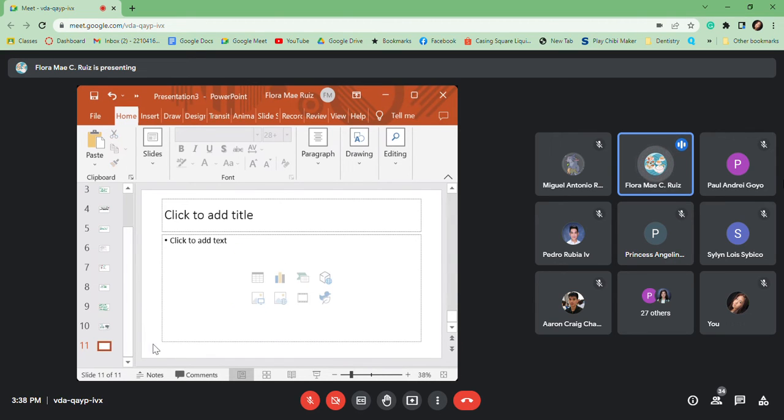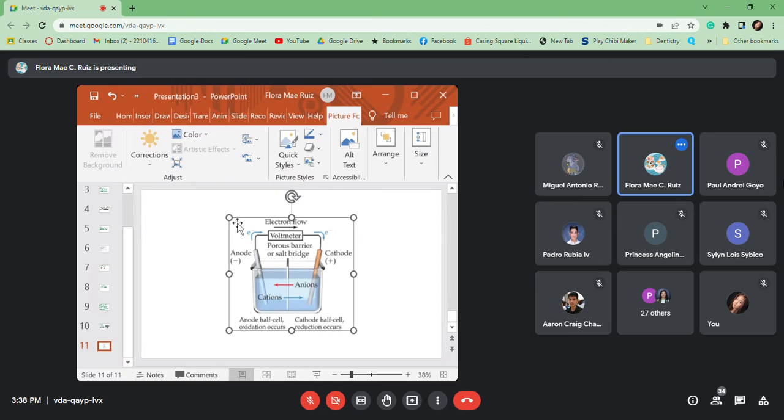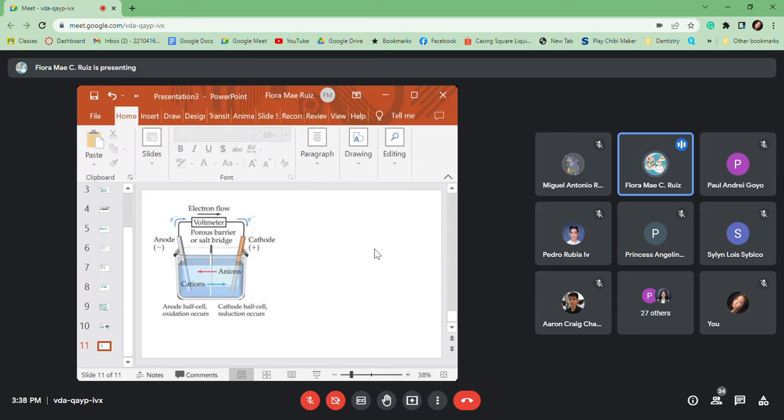So one simple illustration of your voltaic cell would look like this. In the cell, your electrons leave the anode and flow through the wire towards the cathode. And cations are formed in the anode nimo nga compartment.